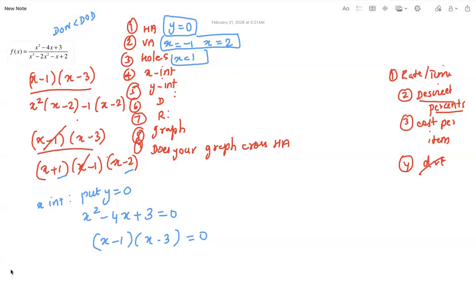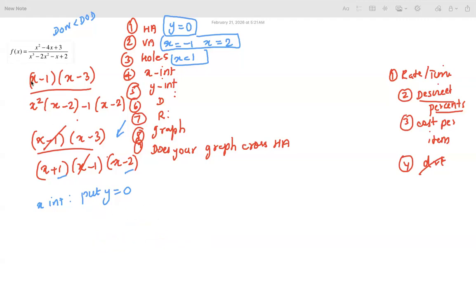Basically I should get 1 comma 0 and 3 comma 0, but the 1 comma 0 won't be there. Instead of factorizing, I can put the top as 0. Here x minus 3 equal to 0, so x equal to 3. The x-intercept would be 3 comma 0.